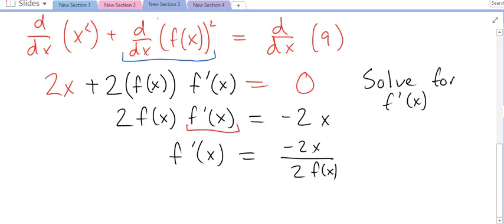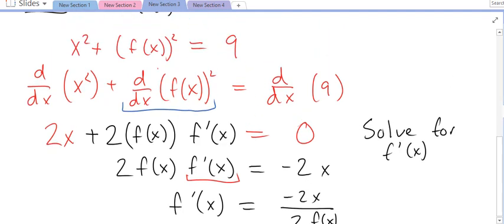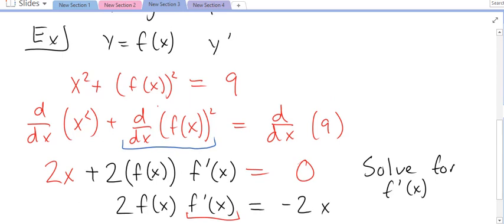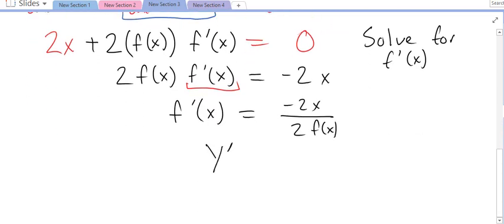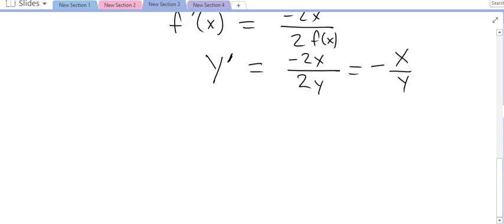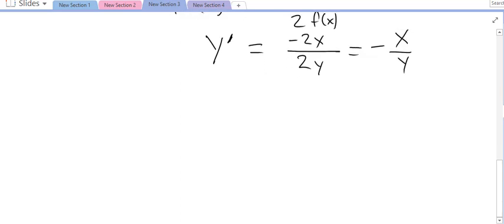Once I've done this, I want to replace the f of x with y again, and anytime I have an f prime of x, I'm going to replace it with a y prime. So the derivative, this y prime that we've done before, will be negative 2x over 2y, which I can simplify as negative x over y. And here is my formula for the derivative that we've been using before. It just has an x and a y in its solution.